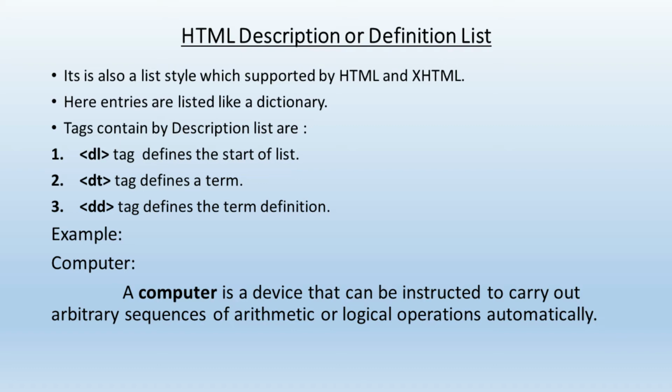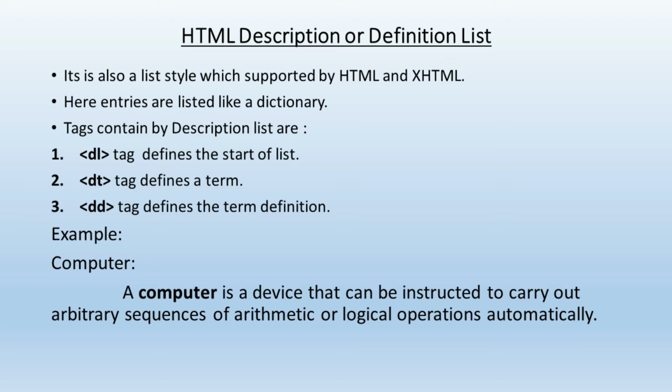It is defined with DL. Okay, and there are 3 tags available here: DL, DT and DD. DL defines the start of the list, where the list is getting started, the same way we started with OL and UL. Under that particular tag, we'll be having 2 more tags, that is DT and DD.